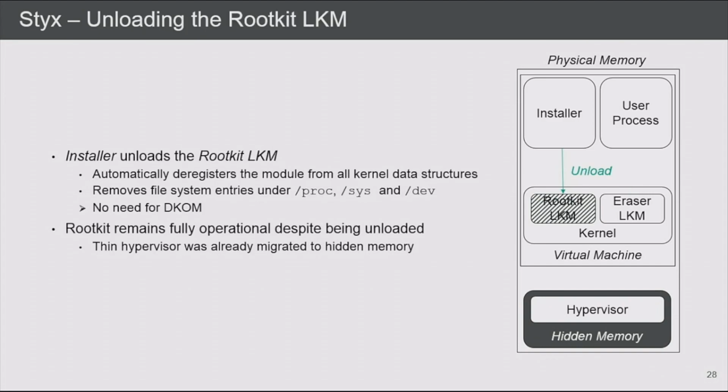We can then unload the Rootkit LKM, which has a few nice benefits because it automatically deregisters our module from all relevant kernel data structures, as well as removing all of its entries from the file system. And the nice thing is that we do not need any direct kernel object manipulations anymore. This is all deregistered automatically.